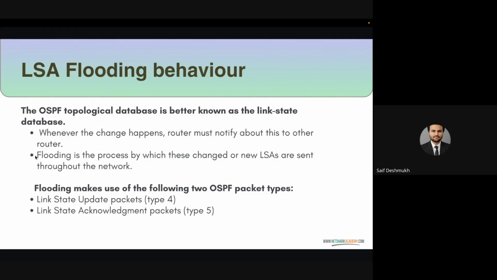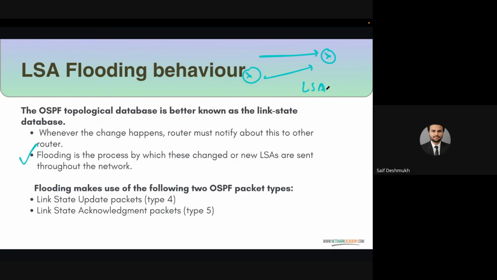Whenever any change happens in the topology, the router's job is to notify its neighbors. Flooding is the process of how they notify, how the new LSAs are sent out. If the previous information was shared and some change happened, I just need to send another update.